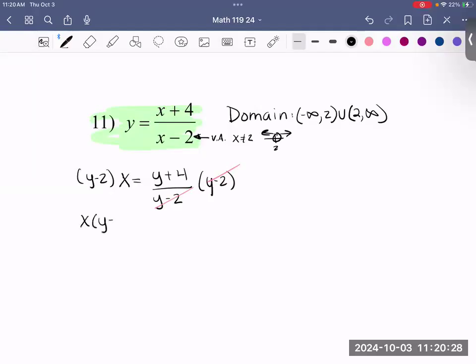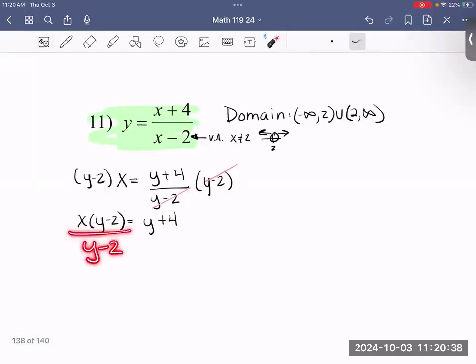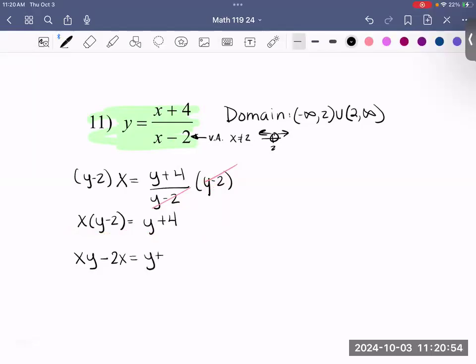So you have x times y minus 2 is equal to y plus 4. From here, we do not want to go backwards and divide by y minus 2, because then we're back to where we started. Instead, we have to break open your parentheses and say x times y, and then minus 2x is equal to y plus 4.